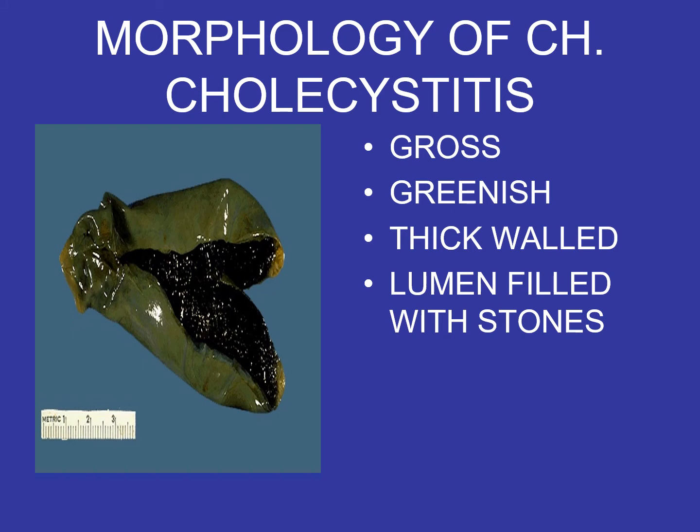This is to differentiate it from gallbladder carcinoma, which is infiltrative and also leads to thickening of the gallbladder. This thickening is because of desmoplasia, that is, the deposition of fibrous tissue in the wall of the gallbladder.